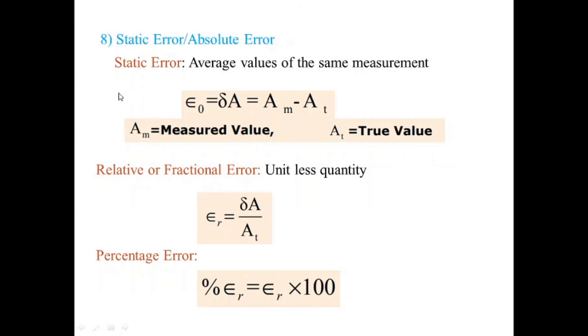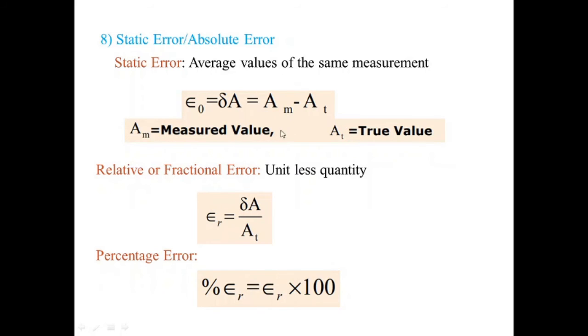The next one is the static error or absolute error, where static error is the average value of the same measurement. It is expressed as epsilon 0 or delta I, equal to the measured value minus the true value.